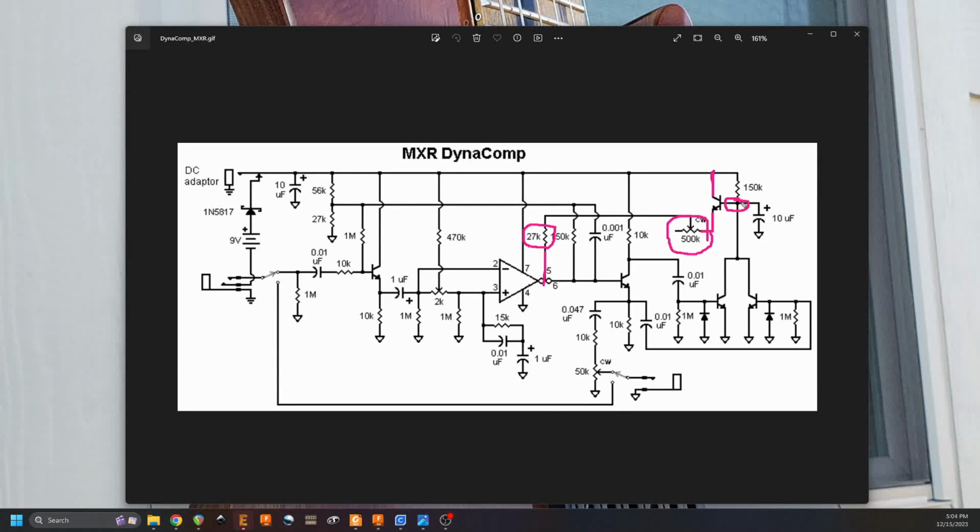So we take our voltage through here. The resistor controls how much current it's sinking, and that current comes down into this control pin. And the more current we put in here, the more this OTA is going to reduce the volume, or reduce the amplitude, right?